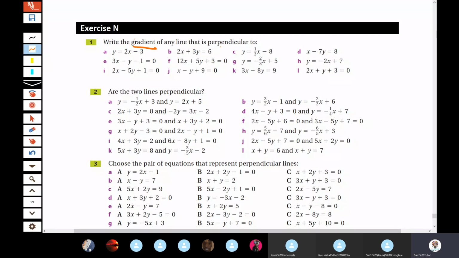Write the gradient of any line that is perpendicular to y equals 2x minus 3. So right now the gradient is, Jamal, right now the gradient is what? For this equation. Jamal, you there?